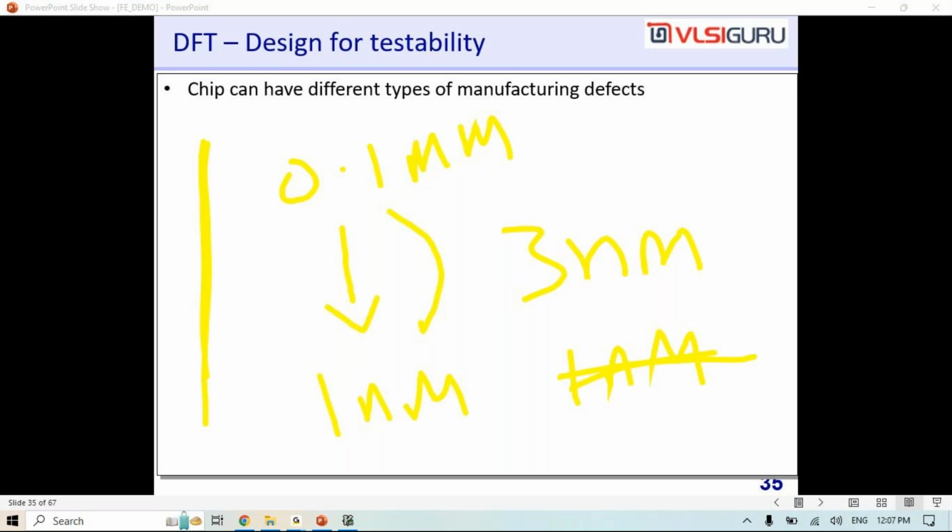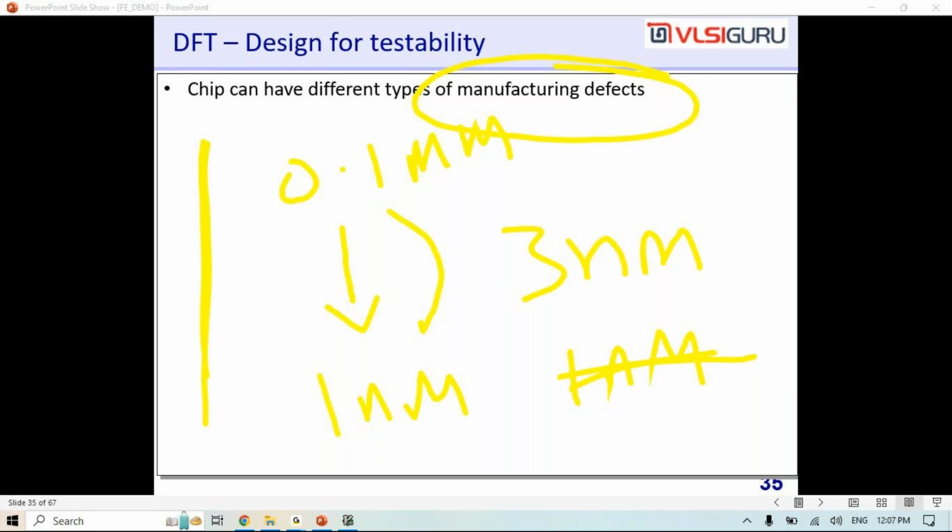At that level, when you are manufacturing, even the smallest dust particle can spoil that chip. For different reasons, not just dust particles, for anything, the chip can go wrong. These are called manufacturing defects.